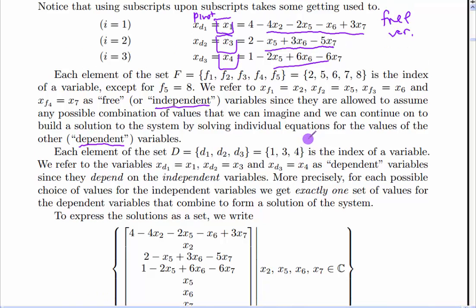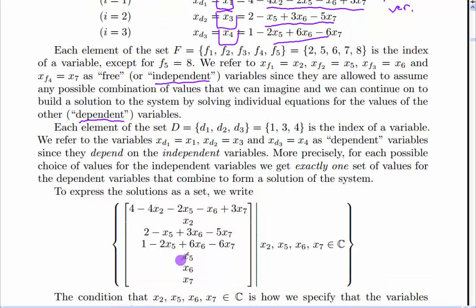Now, how can we write this solution? x2, x5, x6, x7 are free. They can be anything. So in my solution set, I let x2, x5, x6, x7 remain as variables. x1, x3, and x4 are determined.